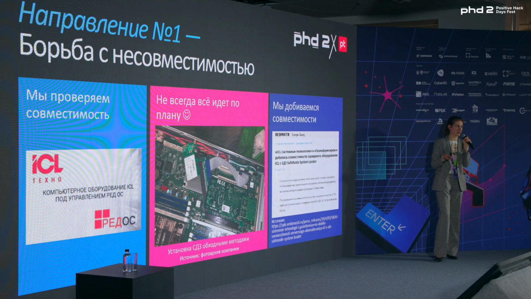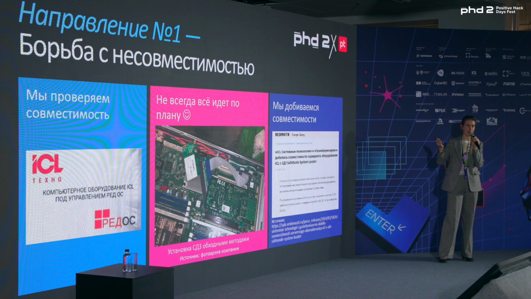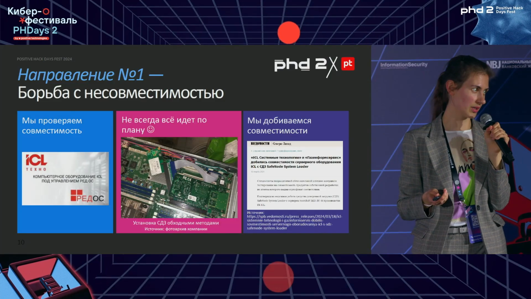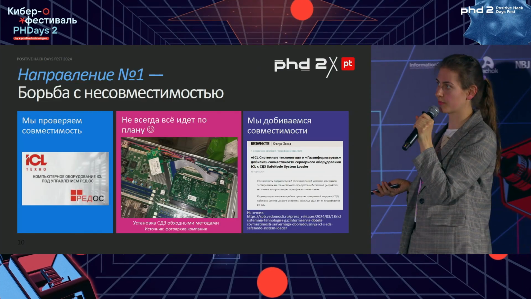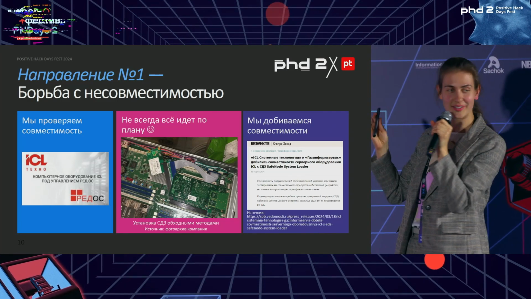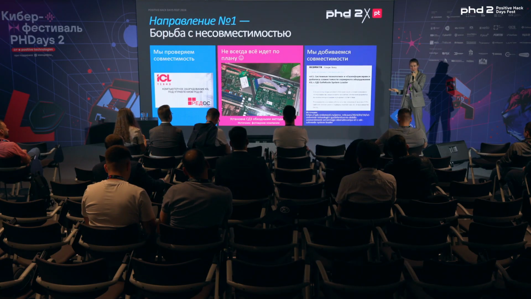We can see this in partnership conferences. We hear this from our competitors and partners. They're trying to fight this incompatibility and ensure compatibility. And this is one of the trends of working in the Russian IT market. And this fight, so to speak, this work is not always easy. Sometimes we just check things. We see if compatibility is there.